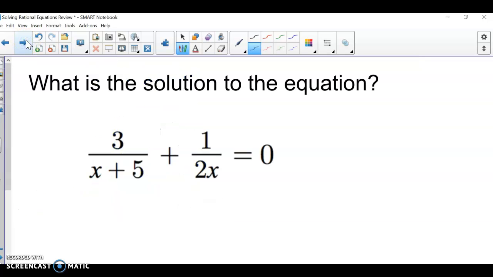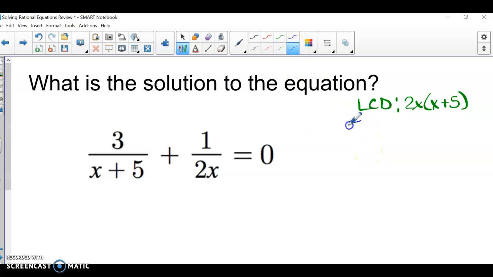For this one, we can't use our cross multiplication because we have two separate fractions that are being either added or subtracted on the same side. So we're going to identify our LCD. I have a quantity, x plus 5, that I have to keep, and I have a 2x. So both of these are my common denominators.